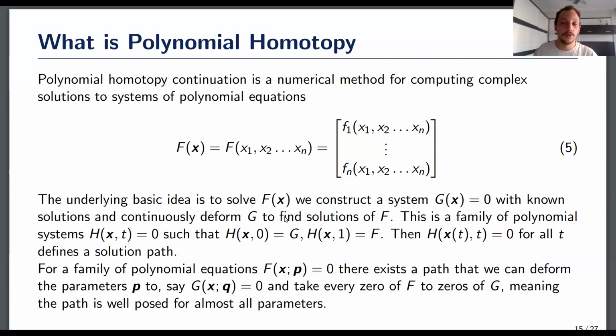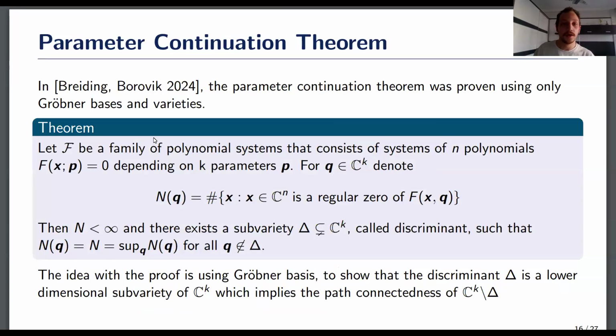But when you use this deformation, you want that for every zero of G, there is a zero of F. So along the solution path, you must not lose any of the zeros. So what the parameter continuation theorem tells us is that there exists a path, and here is the definition.